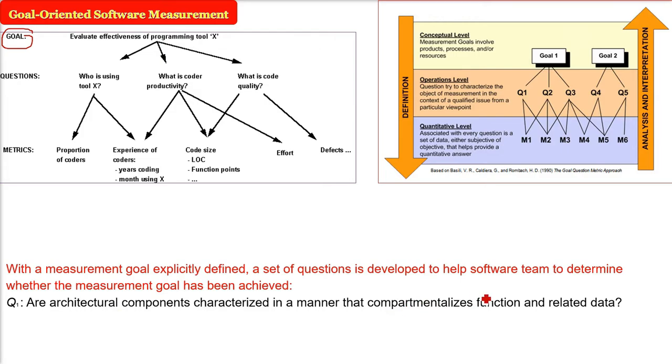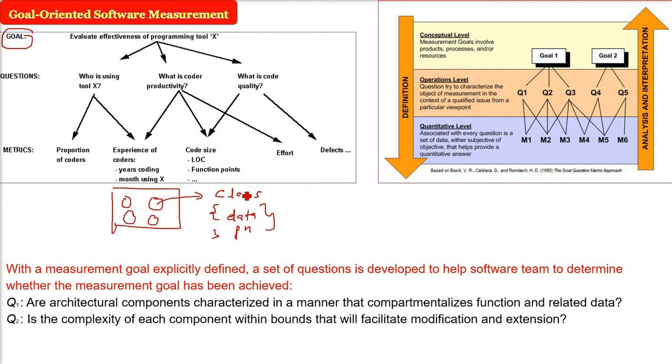For example, the question is, are architectural components characterized in a manner that compartmentalizes function and related data? That is, if you have a component, say a class or simple module, do we have the function and data which are related so that we can compartmentalize, we can modularize it? Are these architectural components like that? So they are modular so that we can be extending it.